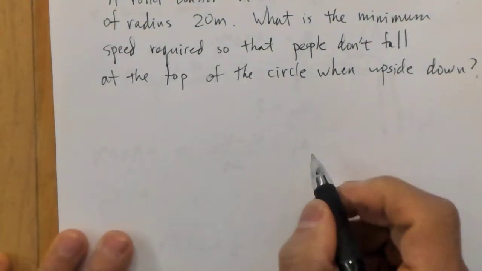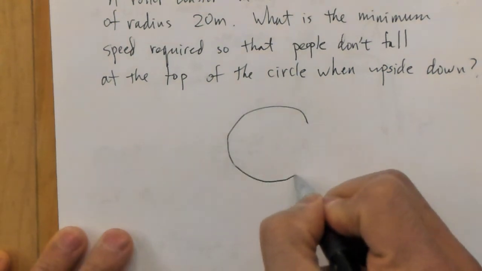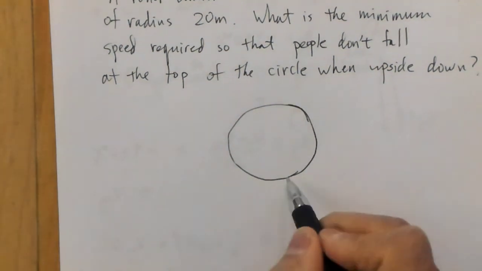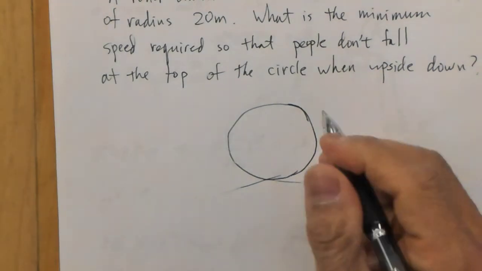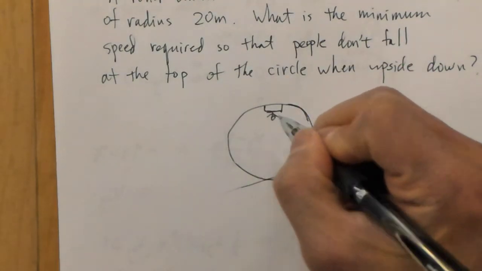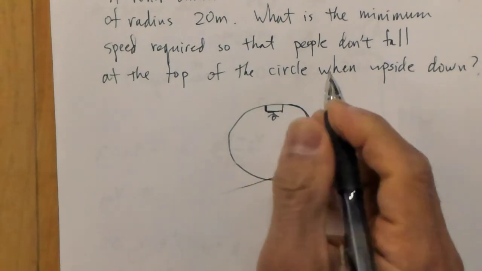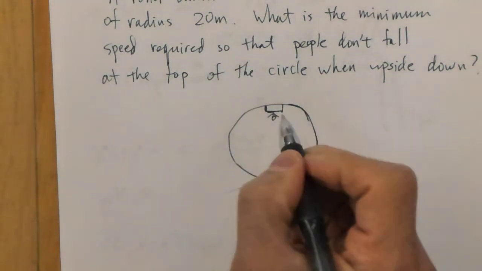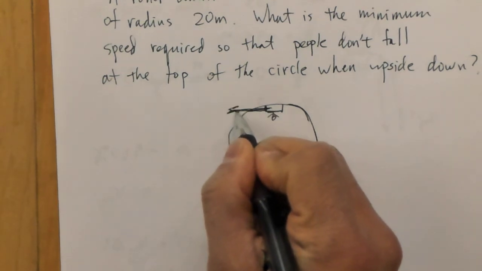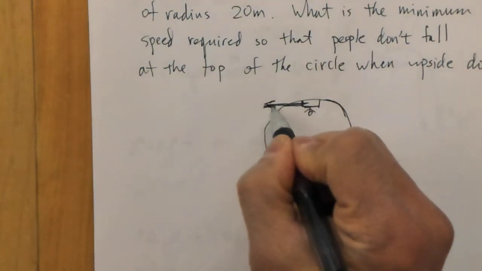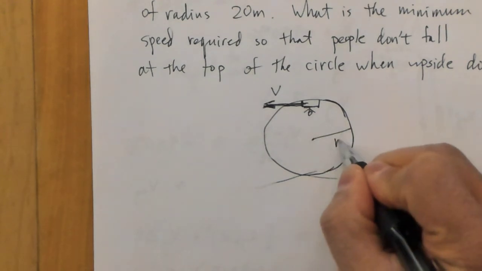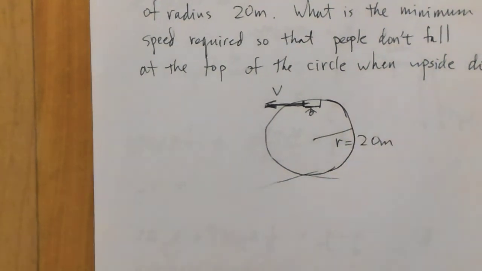Okay? So if you're not clear what's going on here, you do a little circle. Okay, it's not really a circle, it's a loop thing, but I'm not drawing that. And we have a little person in the vehicle enjoying the roller coaster ride, arms up now. It's going with the speed v, and the radius r is equal to 20 meters.